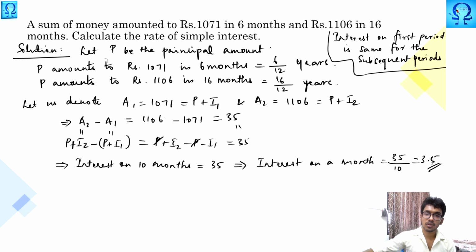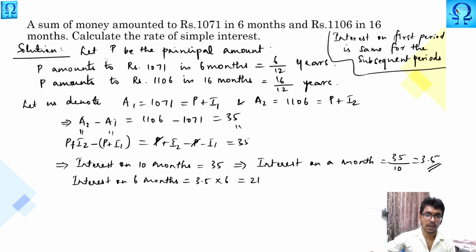Okay. So if interest on a single month is 3.5, what is going to be the interest on 6 months? You may calculate either for 6 months or for 16 months. It is up to you. I am calculating this for 6 months. So I get 21.